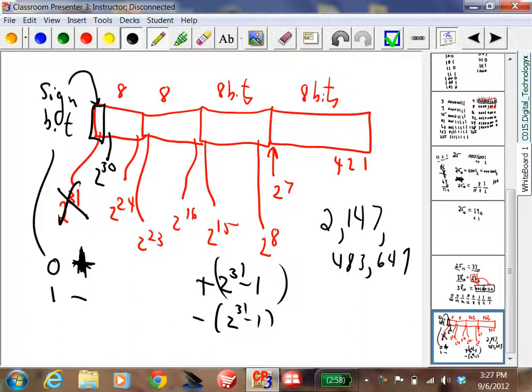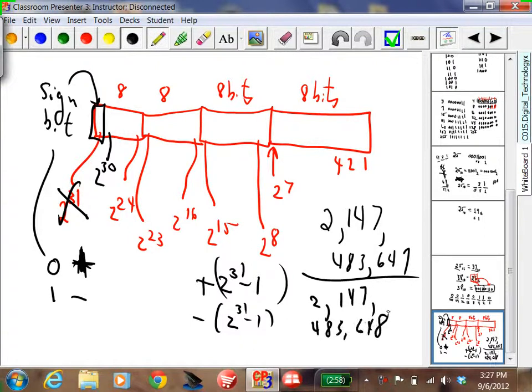So you cannot store on the computer, let's say you're working on a store, putting numbers in, and you got 2,147,483,648. You can't store it. You can't put it on the computer. Well, at least not as a standard decimal integer.